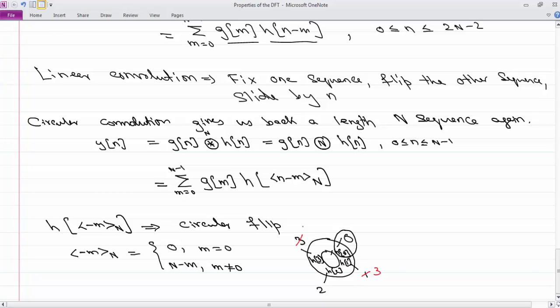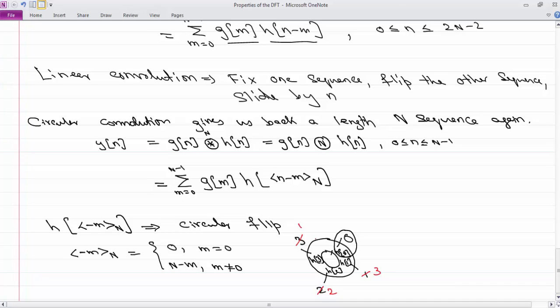So I start with here. I make this index 1, 2, and 3. So instead of doing the indices in one way, either clockwise or counterclockwise, I do it the other way around. Okay? But 0 is fixed.